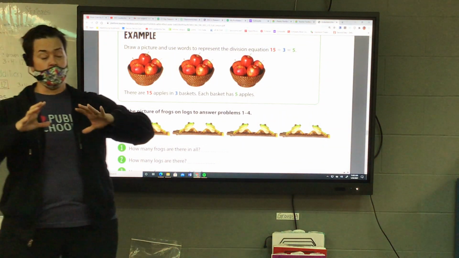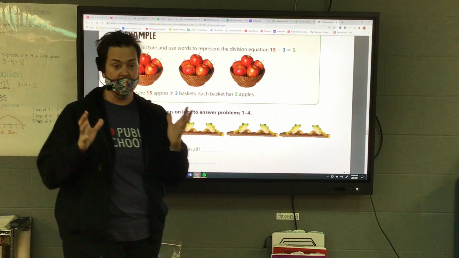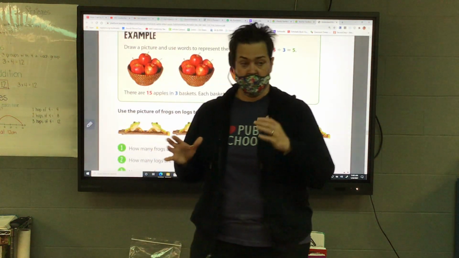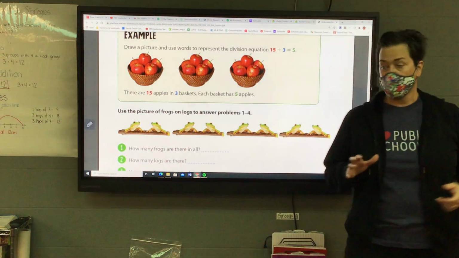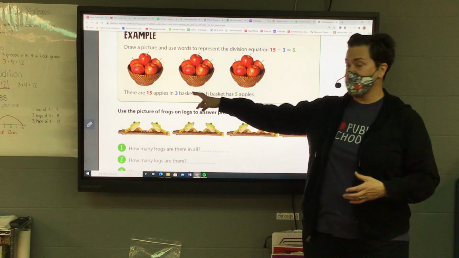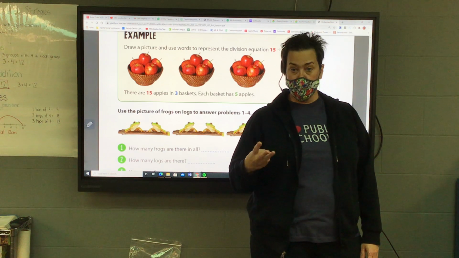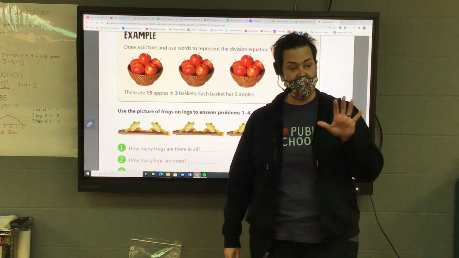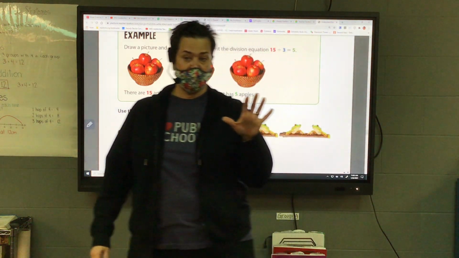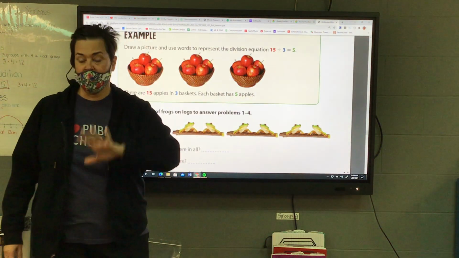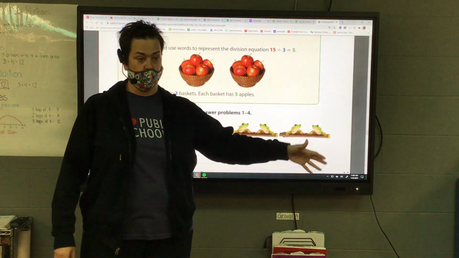So we started out with how many altogether? 15. 3 tells us there are 3 equal groups. 5 tells us there are 5 in each group.